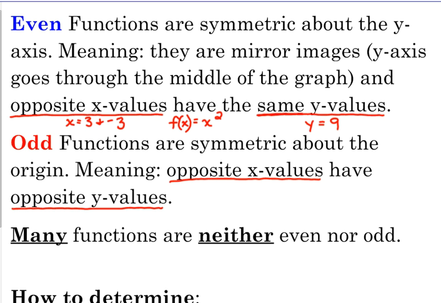So a good example of an odd function is the function x cubed. So let's use x equals positive 2 and x equals negative 2. When x equals positive 2, the y value is 8. When x equals negative 2, the y value is negative 8. So they have the same number, just opposite signs.